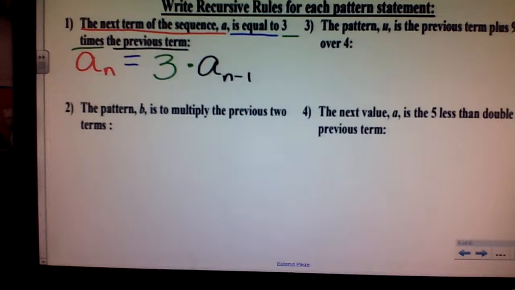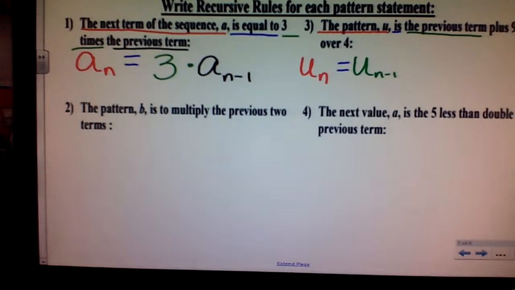The pattern U. So U sub N equals the previous term, so that's U sub N minus 1.